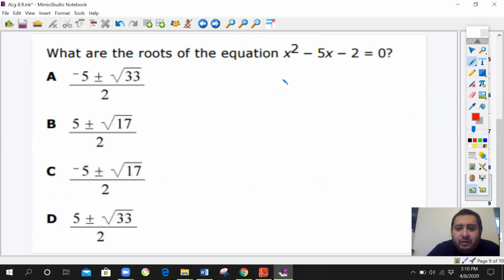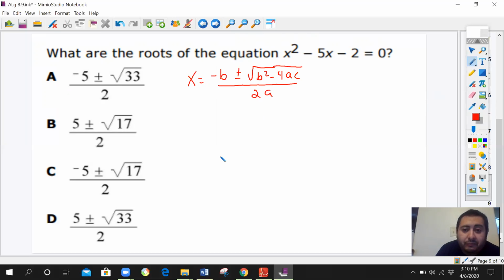What are the roots of the equation? Now, sometimes they're not asking for the solutions. They just want to know the roots. So you could just easily apply the quadratic formula, which is x equals negative b plus or minus the square root of b squared minus 4 times a times c, all over 2 times a.